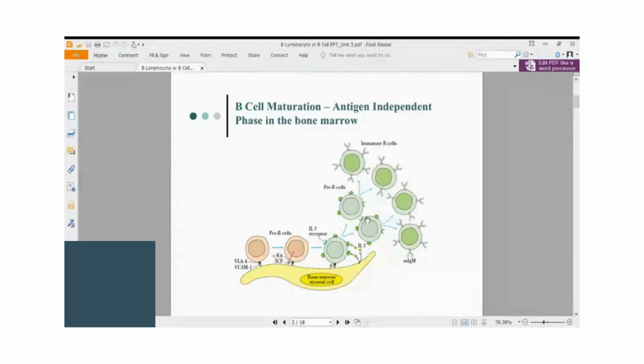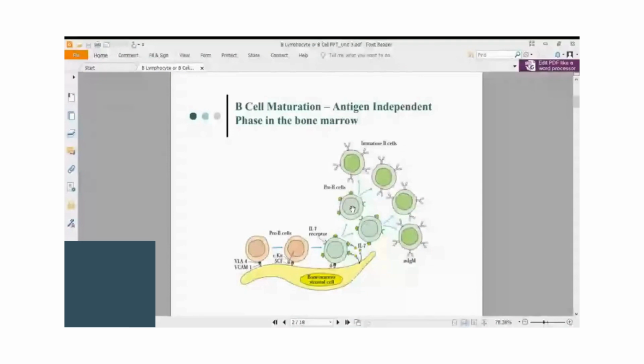It should express a receptor, and that receptor it is going to express on its membrane is called the membrane-bound IgM molecule, in the pre-B cell clones here, which is labeled as immature B cells, derived from the pre-B cells.